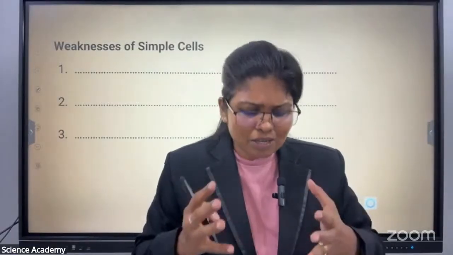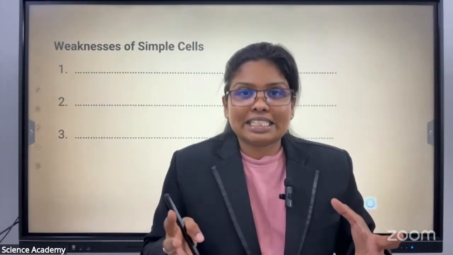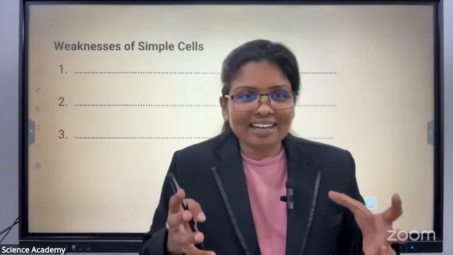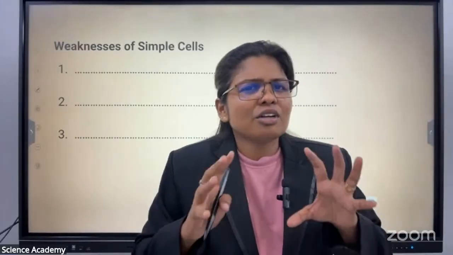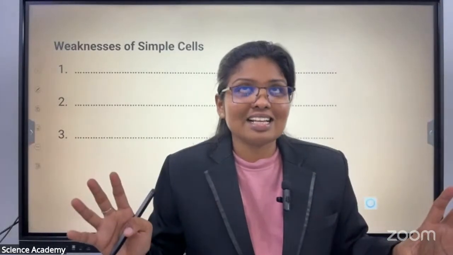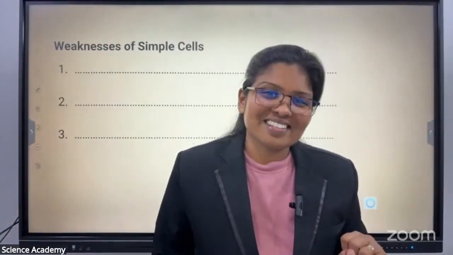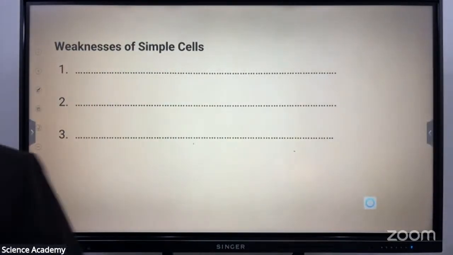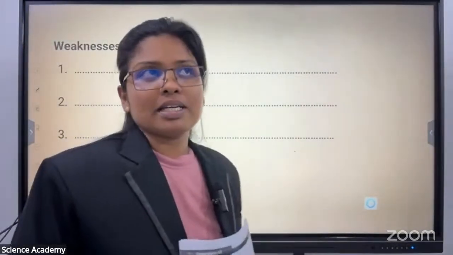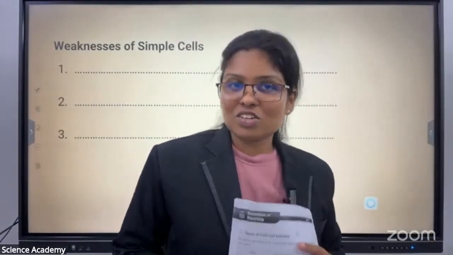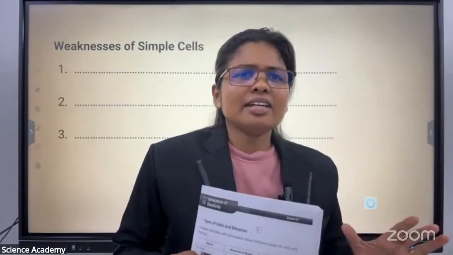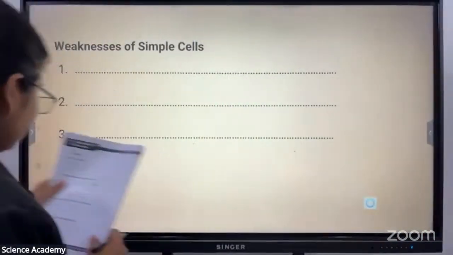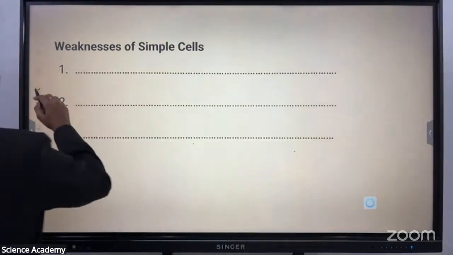So because of these practical difficulties, we are not using this simple cell for our day-to-day functions, right? Okay, so children, we'll write down the weaknesses of simple cells. Most probably in your first term test, this question will appear. Write down the weaknesses of this simple cell, right? I hope it is very easy for you to write.